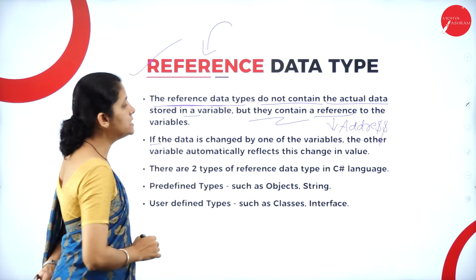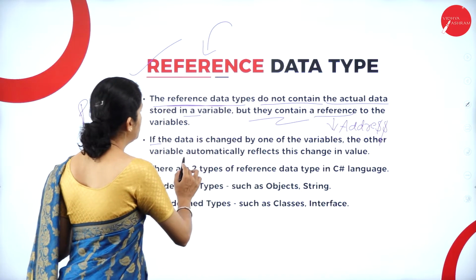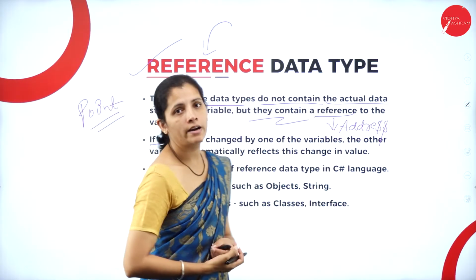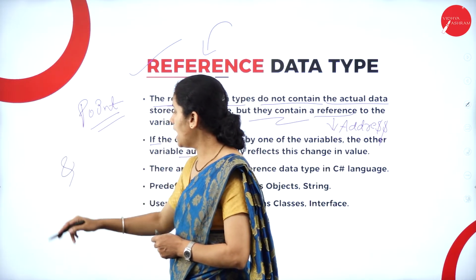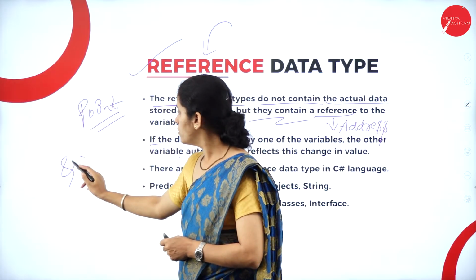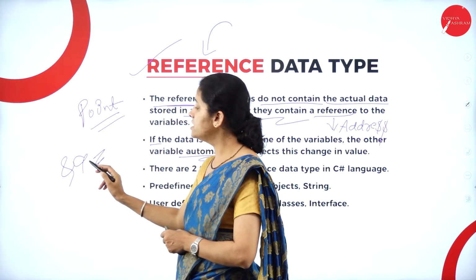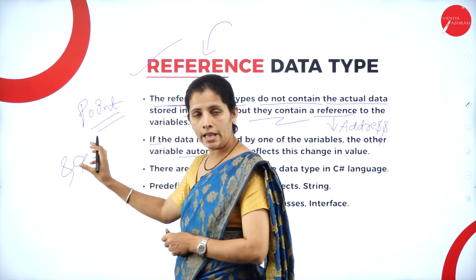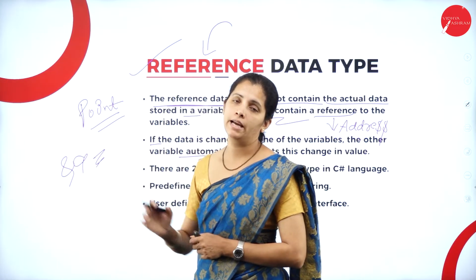If the data is changed by one of the variables, the other variable automatically reflects. For example, think that I have address of A, and if I make changes in this variable A, then automatically it's going to reflect.